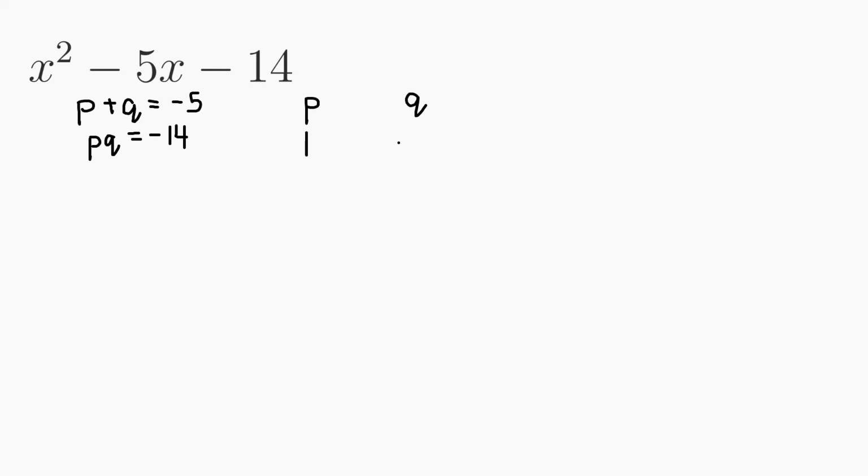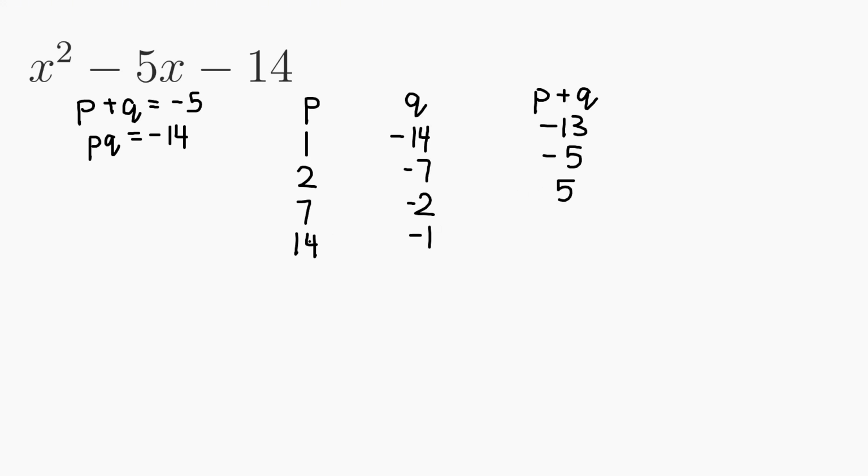So we can have 1 and negative 14, 2 and negative 7, 7 and negative 2, and 14 and negative 1. These are all the potential factors, so let's see which p plus q adds up to negative 5. 1 and negative 14 is negative 13, 2 and negative 7 is negative 5, 7 and negative 2 is 5, 14 and negative 1 is 13.